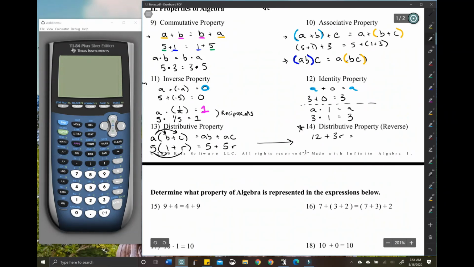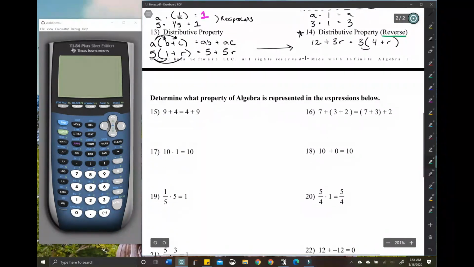Well, you can also undistribute the 3, and if we take that out of the 12, that leaves us with 4, and that leaves us with plus R. So it's the same idea, just backwards. Okay, you don't need to specify it's in reverse. If you do, that's fine, if you're just getting used to it. So those are the properties in a nutshell.